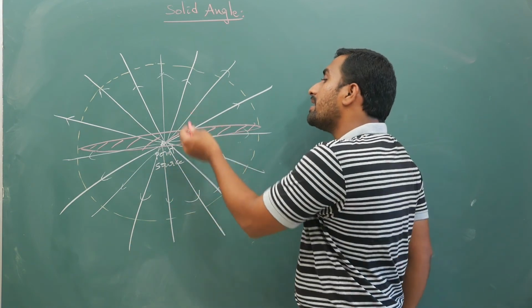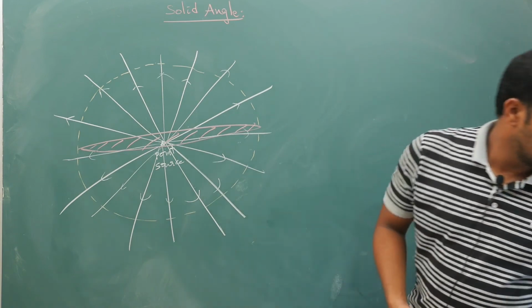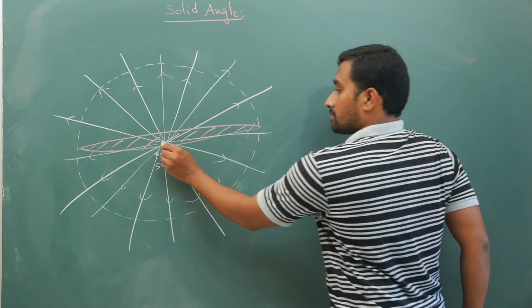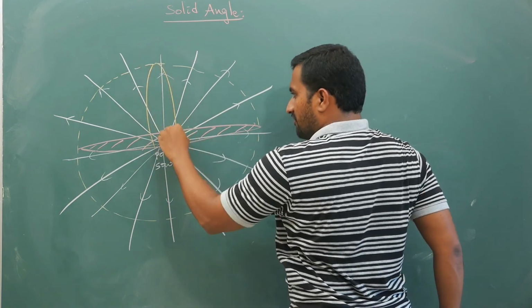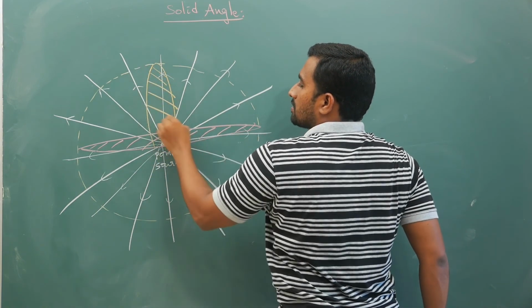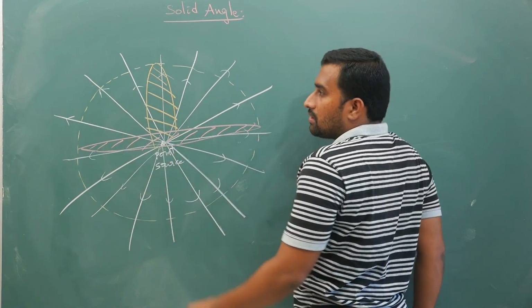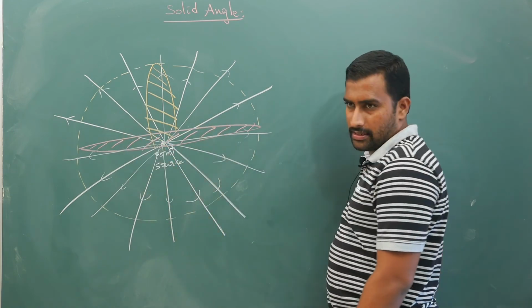Now if I divide it further once again, into two halves like this, this side there will be 4 and this side there will be 4 lines.